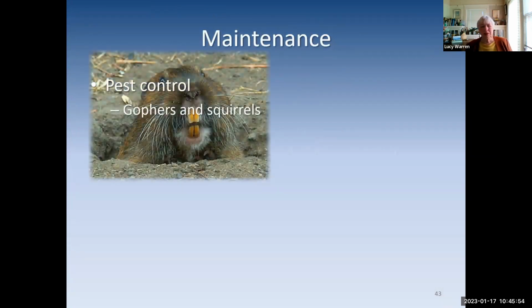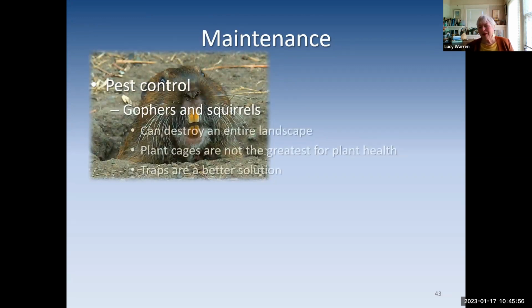And then there's pest control. I've been very lucky. I don't have any gophers, although I do have squirrels. And they're very destructive. We do not recommend plant cages. Some people plant their plants in plant cages, but that's not very good for the health of the plant.